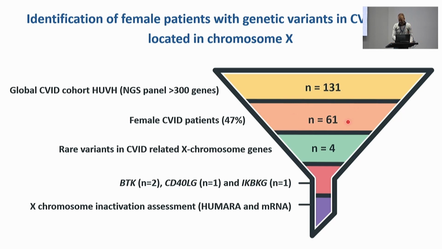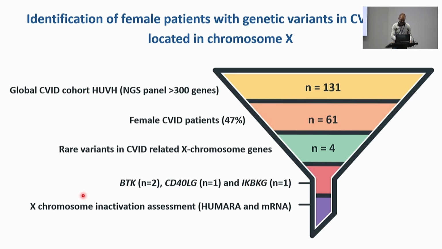Then we took only the females, 61, and in these females, we selected those that carry rare variants in CVID-related genes located in chromosome X. So finally, we ended with these 4 female patients, 2 of them carrying variants in BTK, that is classically causing Bruton agammaglobulinemia, 1 patient with a variant in CD40 ligand causing hyper-IgM syndrome, and 1 with variants in IKBKG, encoding NEMO, that also causes immunodeficiency with or without ectodermal dysplasia.